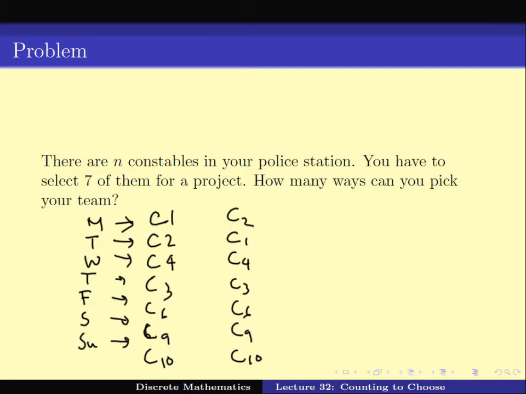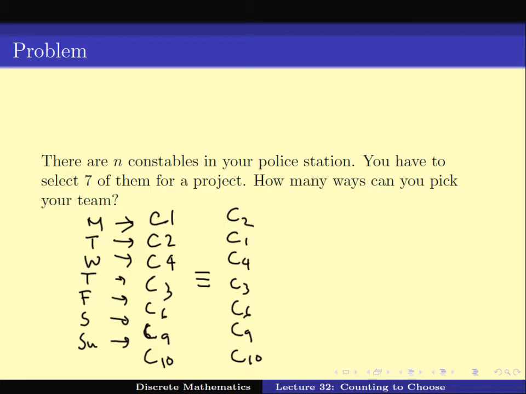But in this problem, when I don't care about ordering, I don't care about who is doing which day, I just want 7 people, these two are equivalent. So now, because here I picked the same set of people, if I give you a set of 7 constables, as long as this set has the same constables, they are equivalent.